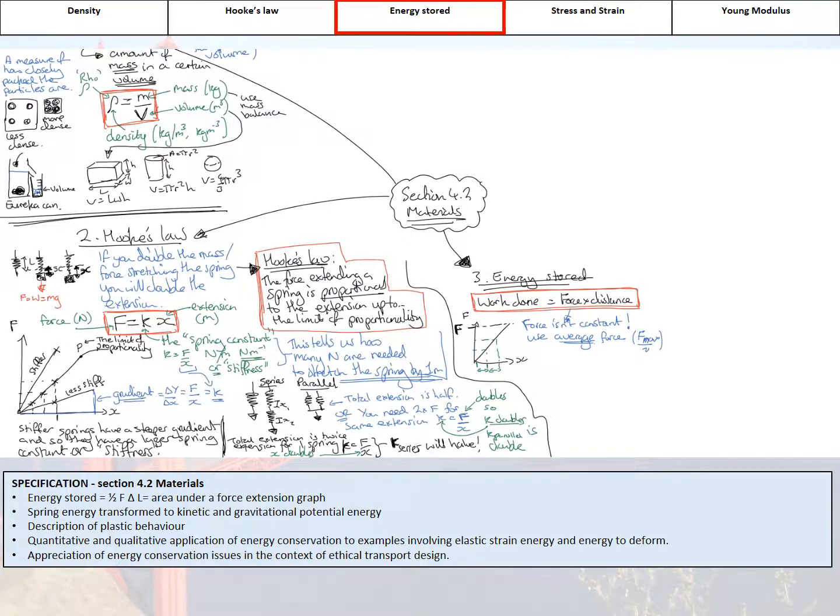So in our work done equation, which is equal to energy stored, the energy stored is going to be a half of the maximum force F multiplied by the maximum extension. And that's where the factor of a half comes in.